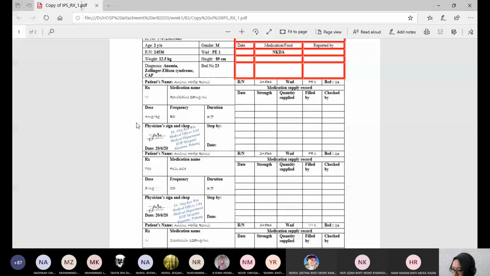Okay, salbutamol syrup, what is it? 2 mg TDS for 5 days. Okay, and then? The quantity for 1 bottle is 60 ml. Okay, 60 ml. Received at 12 p.m. on Tuesday.